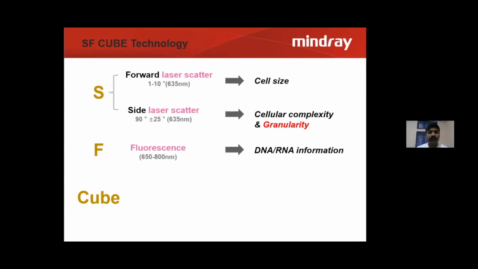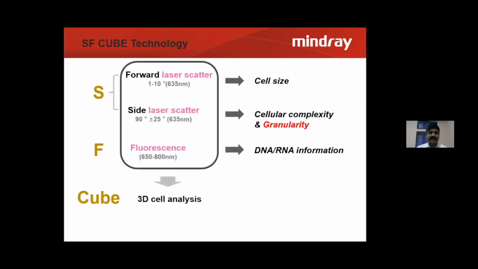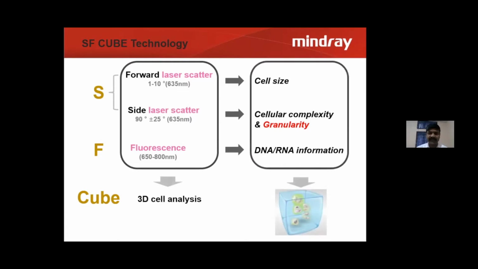These two, granularity and the DNA information, will give more and more advanced parameters, which can give a more accurate picture of the platelet activity as well as the platelet count. So you can see the 3-dimensional analysis of each cell to enumerate numerous new parameters.